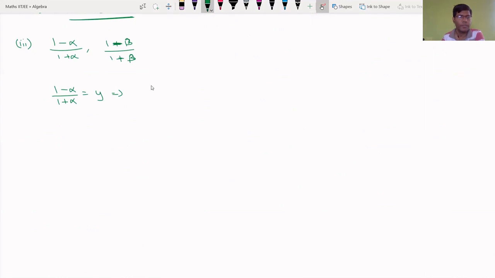So you can use componendo and dividendo. So this will be 1 minus alpha plus 1 plus alpha by 1 minus alpha minus 1 minus alpha is equal to y plus 1 by y minus 1. So alpha goes off, 1 minus 1 goes off.